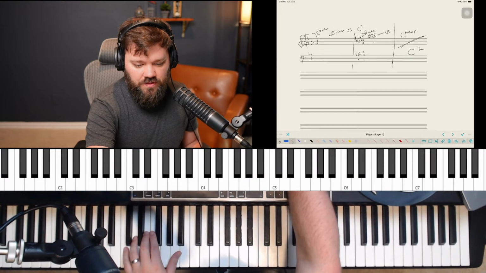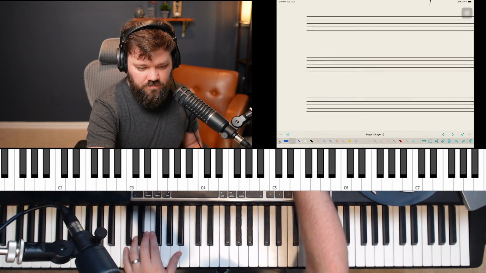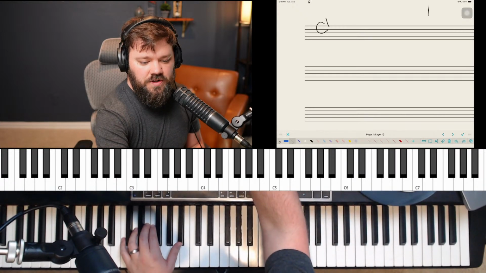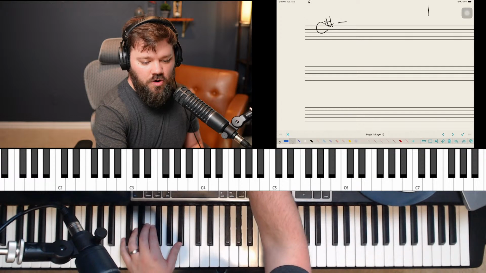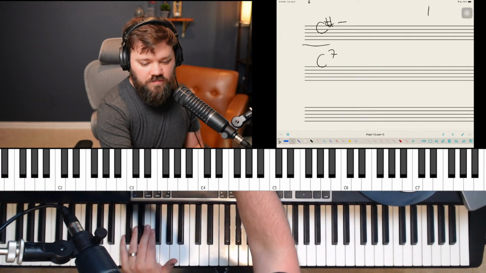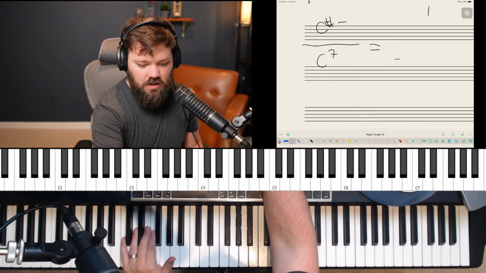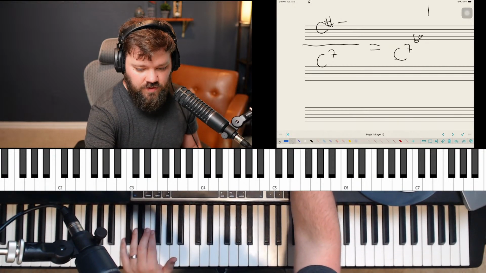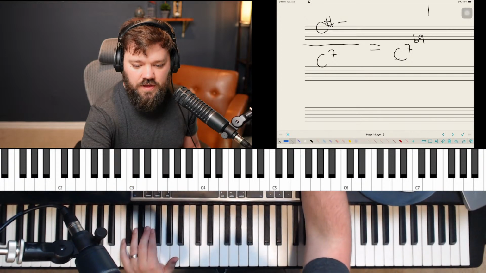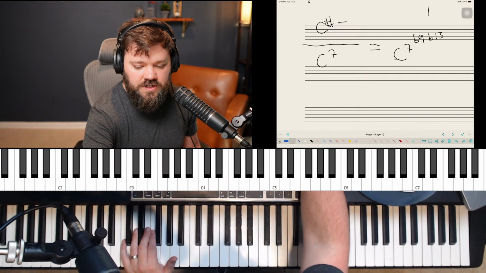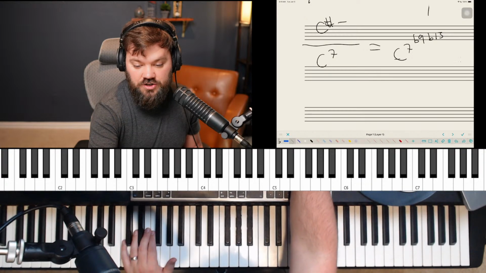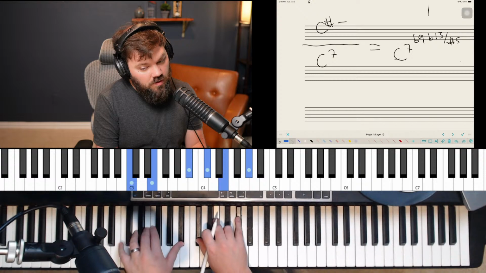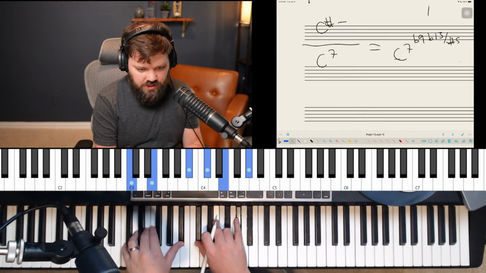And so this one, C sharp minor over C7, it ends up being a C7 flat 9 with a flat 13. You could also think about this as a sharp 5. But that's basically what it is.